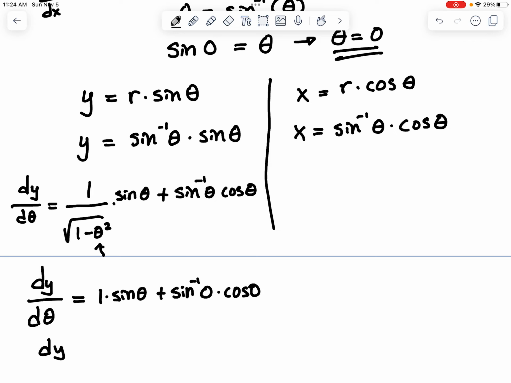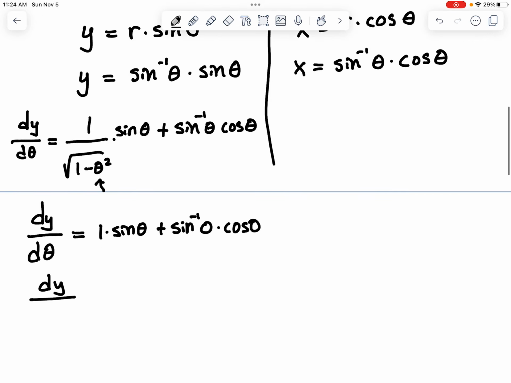So the dy d theta would be, so right here, I said sine of 0, but I wrote sine of theta. Okay, so sine of 0 is 0, sine inverse of 0 is 0, so all of this equals 0.